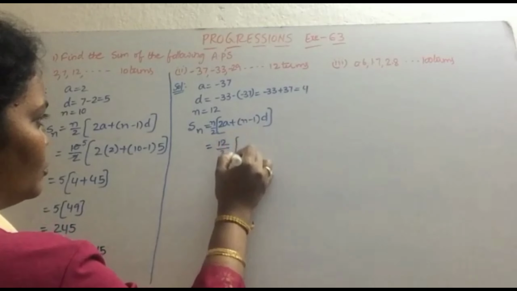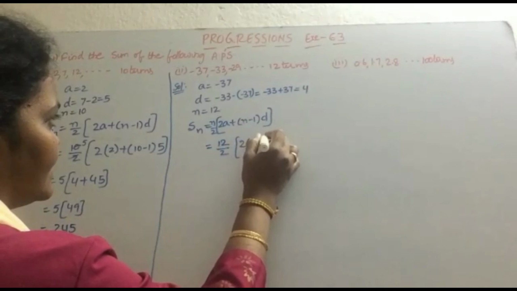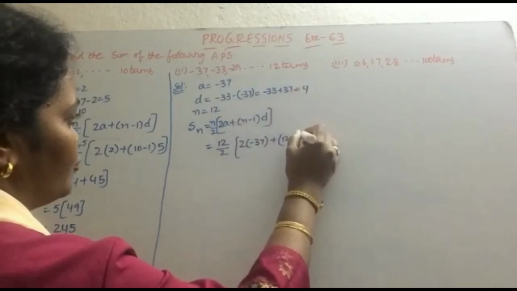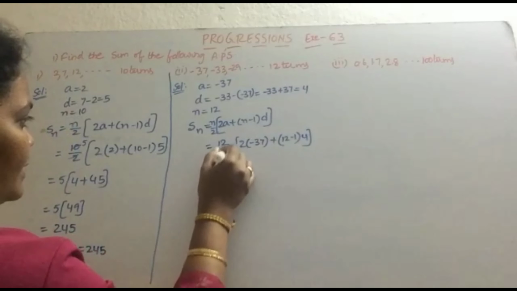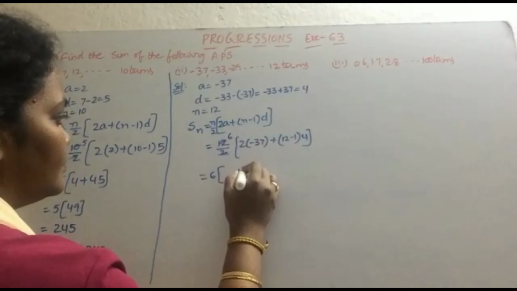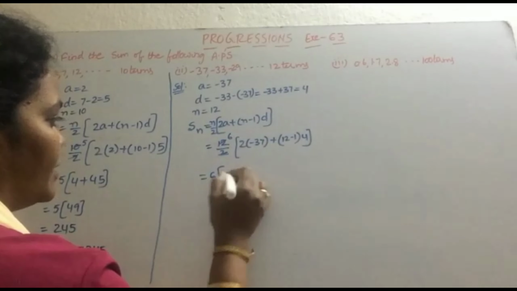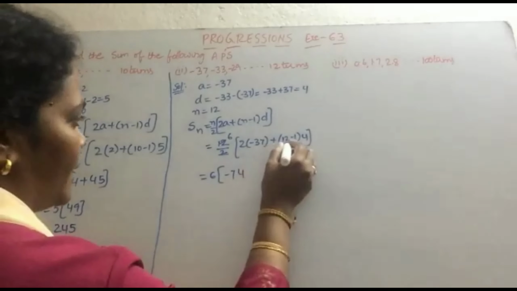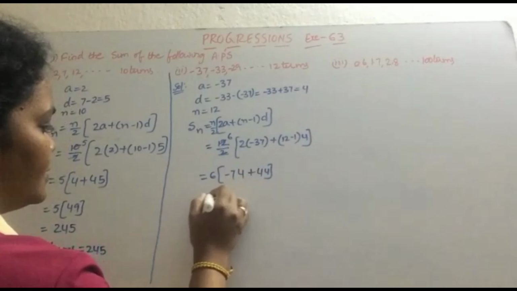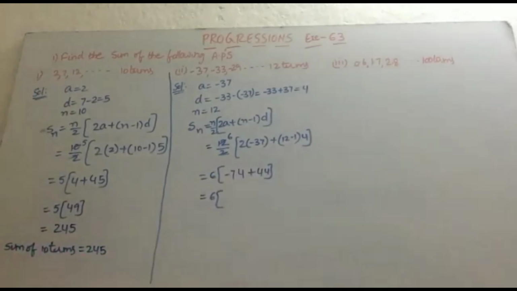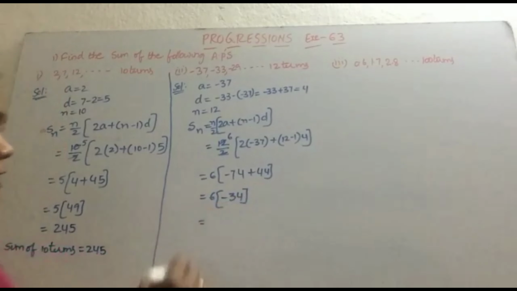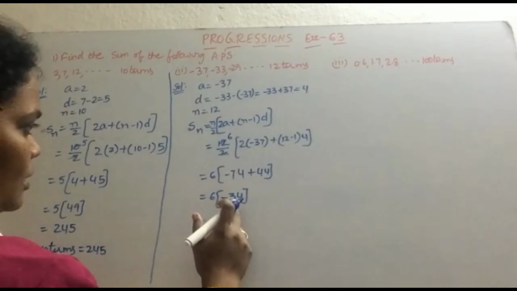So 12 by 2 into 2 times a, which is minus 37, plus n minus 1, that is 11, into d is 4. Then we will get 6 into minus 74 plus 44, that is minus 30.